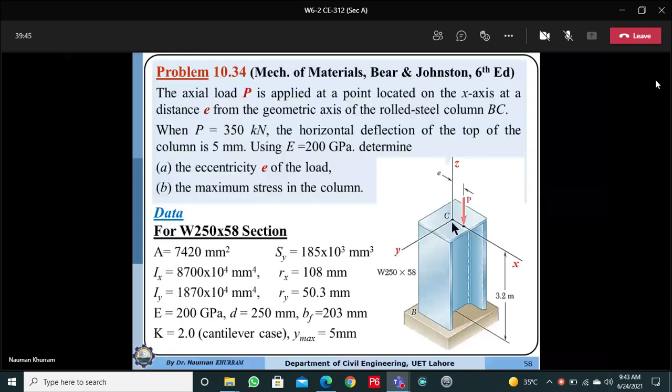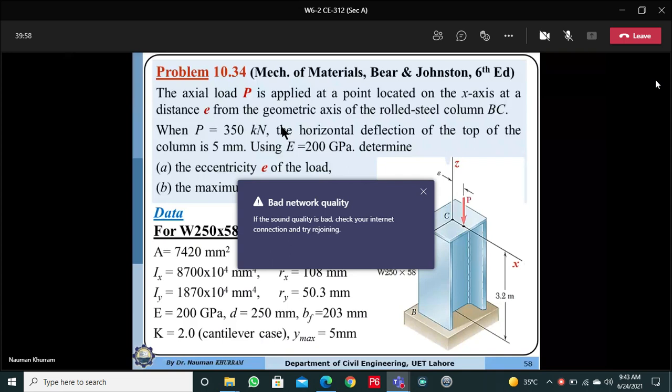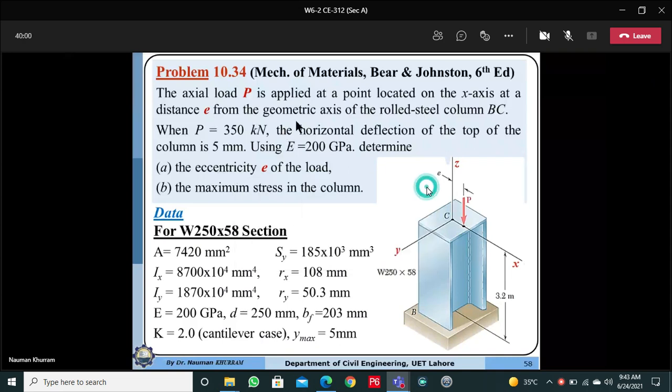This is the x-axis. The axial load P is applied at a point located on the x-axis, at a distance e from the geometric axis of the hot rolled section of column C and B. When the applied load P is 350, the horizontal, lateral deflection of the top of the column is 5 millimeters.